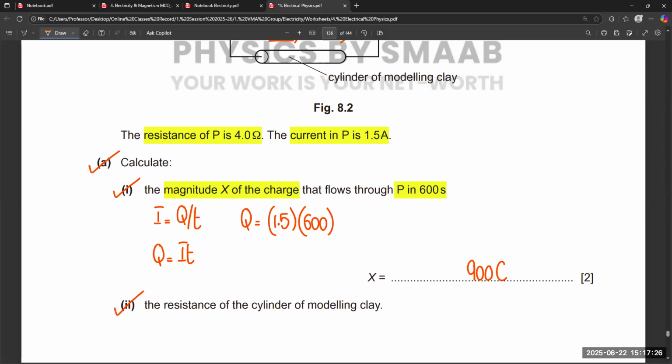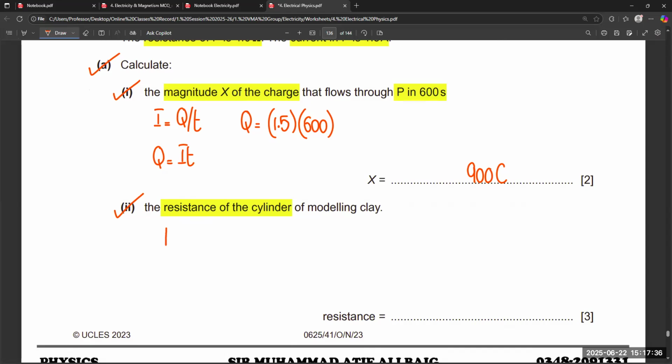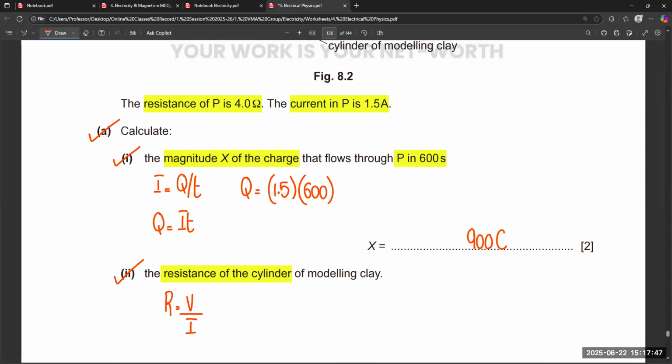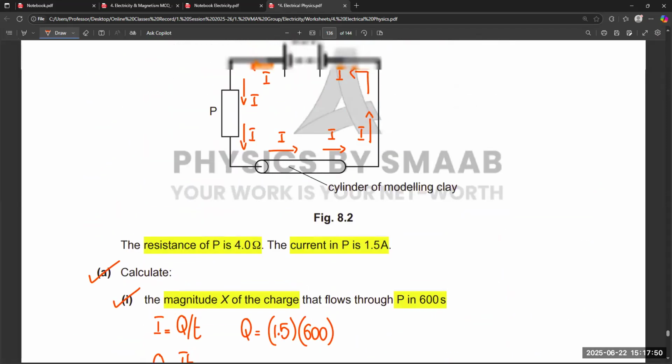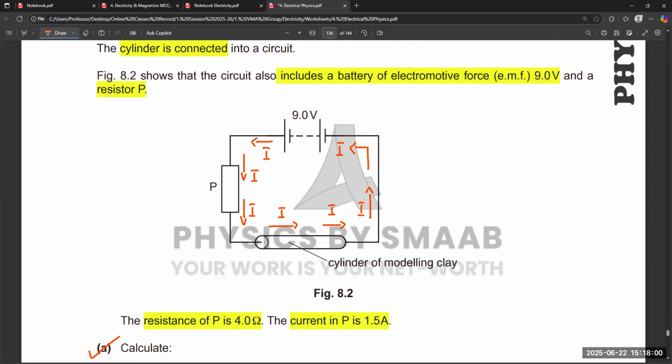The second part is to calculate the resistance of the cylinder of modeling clay. The formula of resistance is R equals V over I. For the resistance of the modeling clay, the problem is voltage. If you remember the difference between EMF and potential difference, EMF is the voltage of the source.